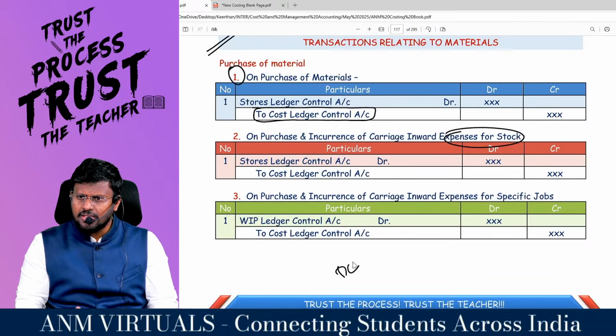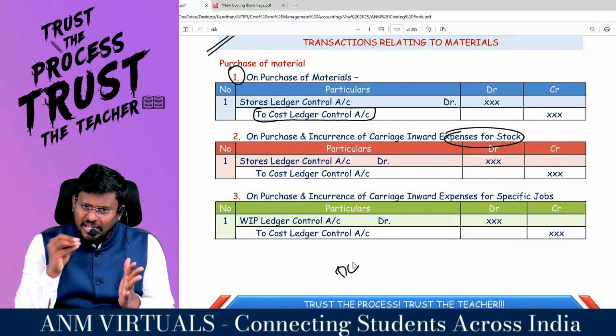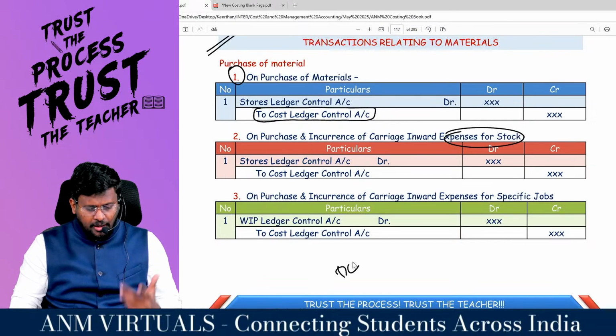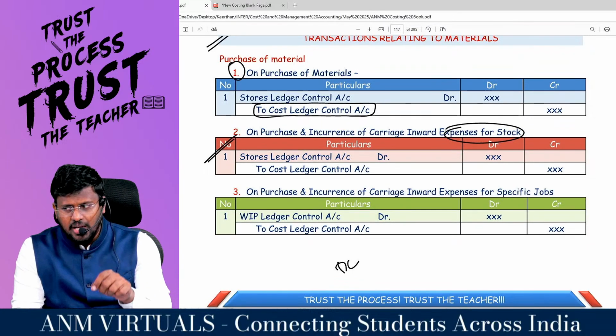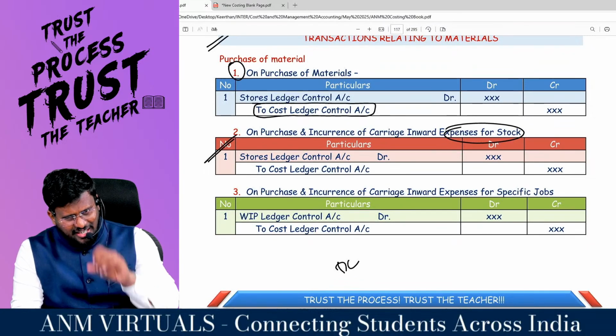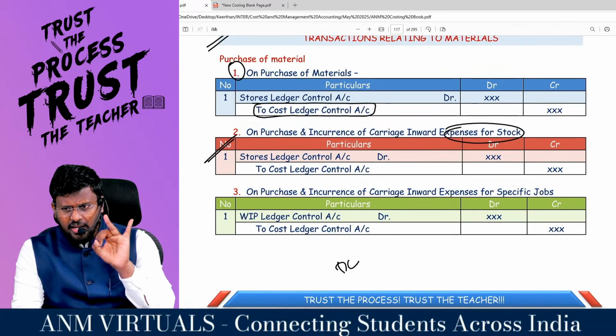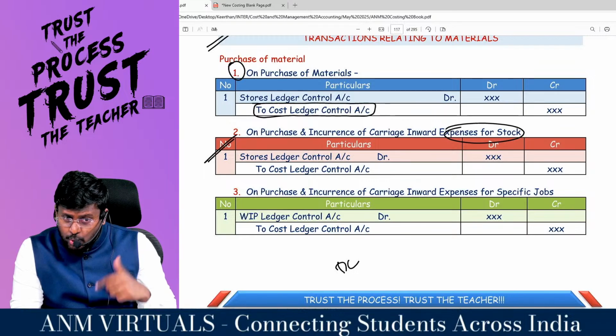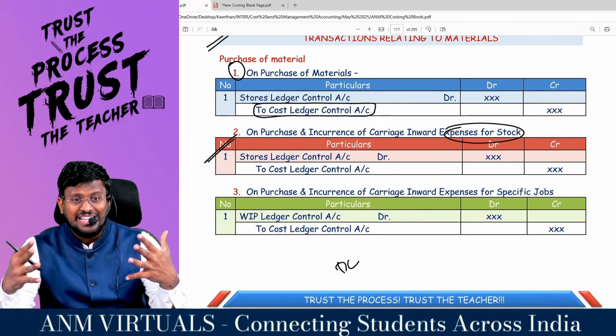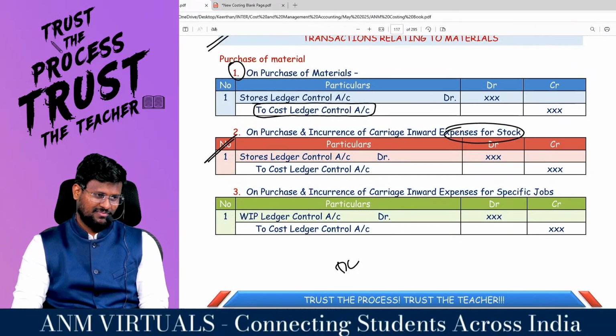So if you incur any direct expenses, it increases the stores ledger balance because the raw materials are inside. What entry will you pass? Stores ledger control account debit to cost ledger control account, because I can't credit cash, bank or creditors. If I credit those three, it will become an integral system of accounting.